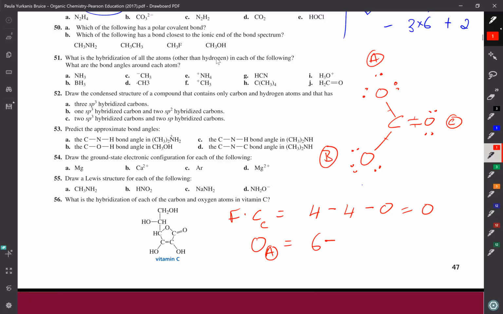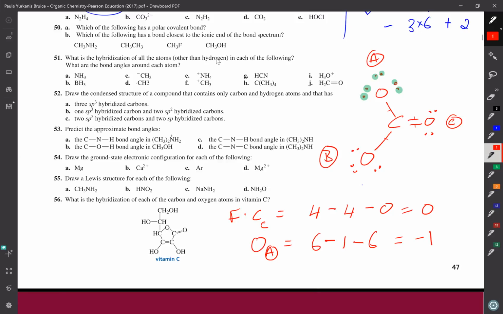In this case, I have 1 bond surrounding oxygen A. Minus how many lone electrons are surrounding the oxygen? I have 1, 2, 3, 4, 5, 6 lone electrons. So minus 6. In this case, the formal charge on oxygen A will be minus 1. Does that make sense?